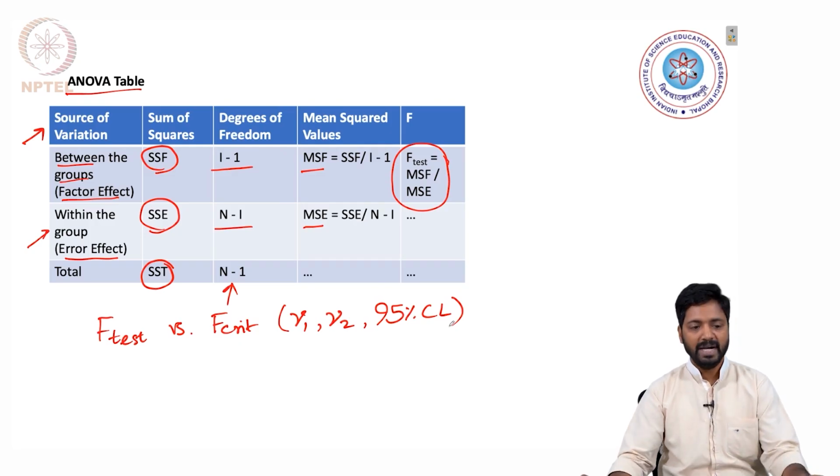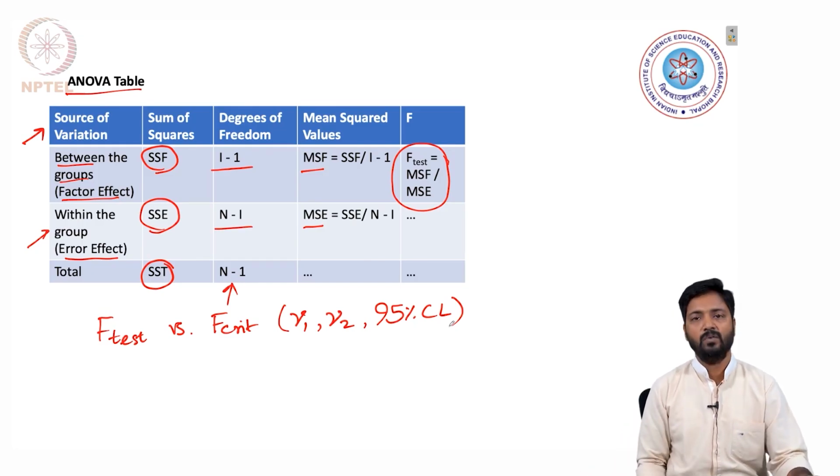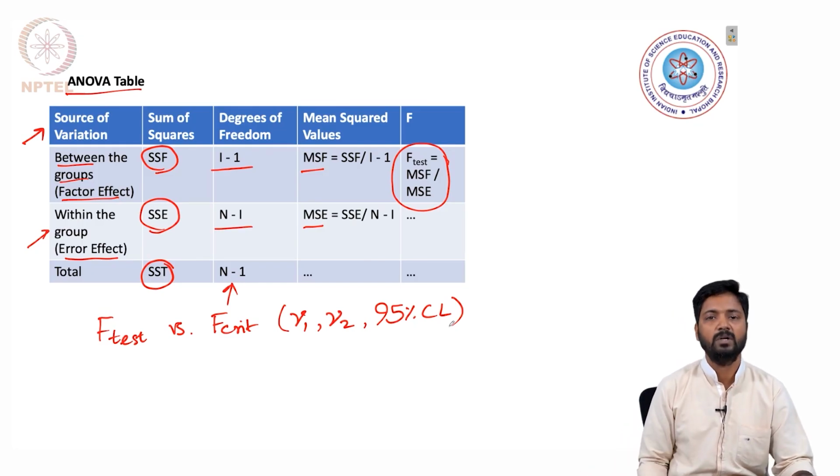So, at this point, I would also want to explicitly state what our null hypothesis and alternate hypothesis would be for analysis of variance.